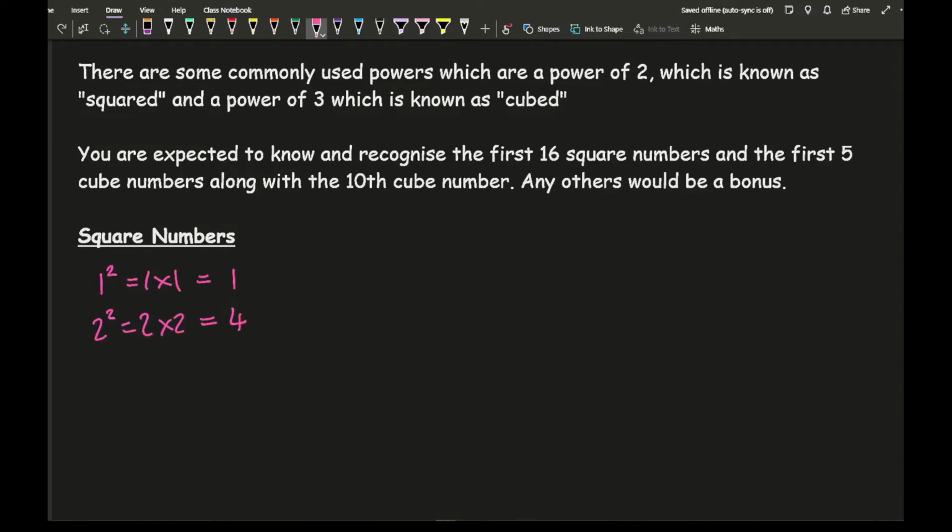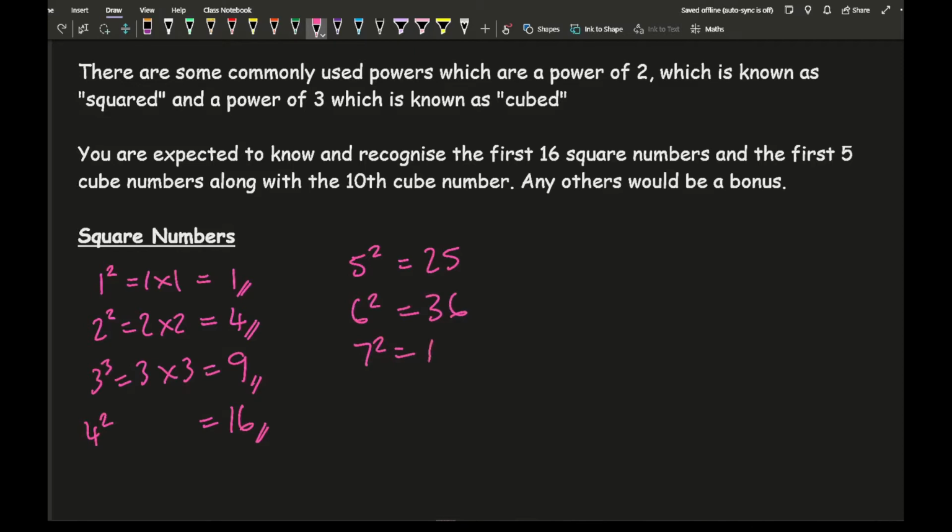It's these numbers that you want to be remembering. 3 squared is 3 times 3, which is 9. 4 squared is 16. 5 squared, which is 5 times 5, is 25. 6 squared is 36, 7 squared is 49, 8 squared, 8 times 8, is 64, 9 squared is 81, 10 squared is 100, 11 squared is 121, and 12 squared is 144.